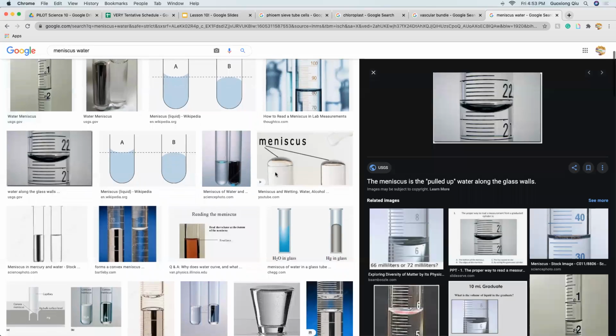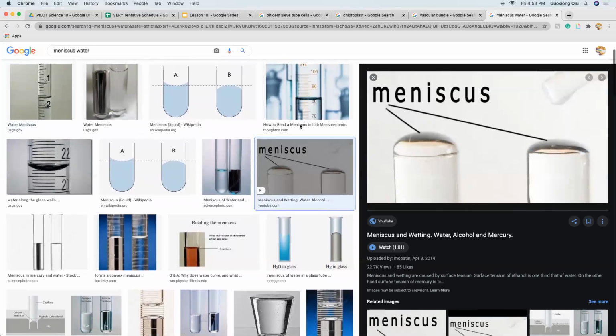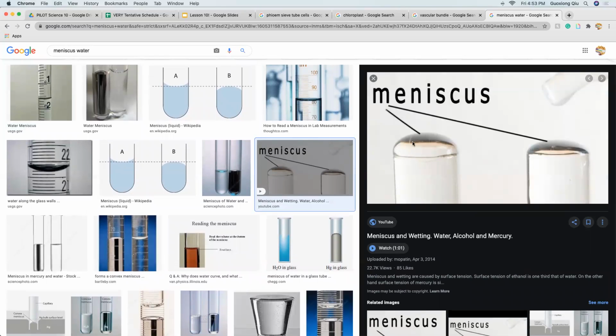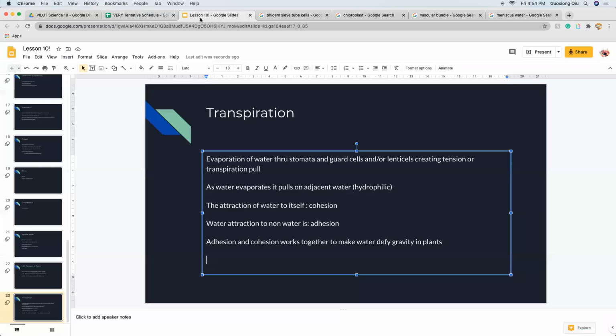And here we can see a good example of cohesion. Even though the water is outside of the glass tubing, it's still sticking together and not overflowing. So coming back here, the adhesion, the attraction of water to the sides of the xylem, and the cohesion, the water being pulled up via the evaporation process, work together to defy gravity.